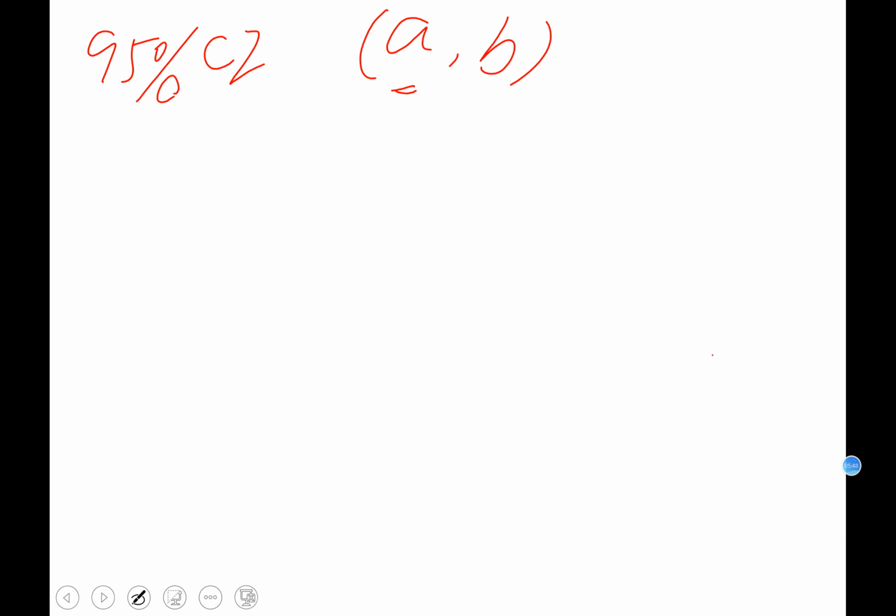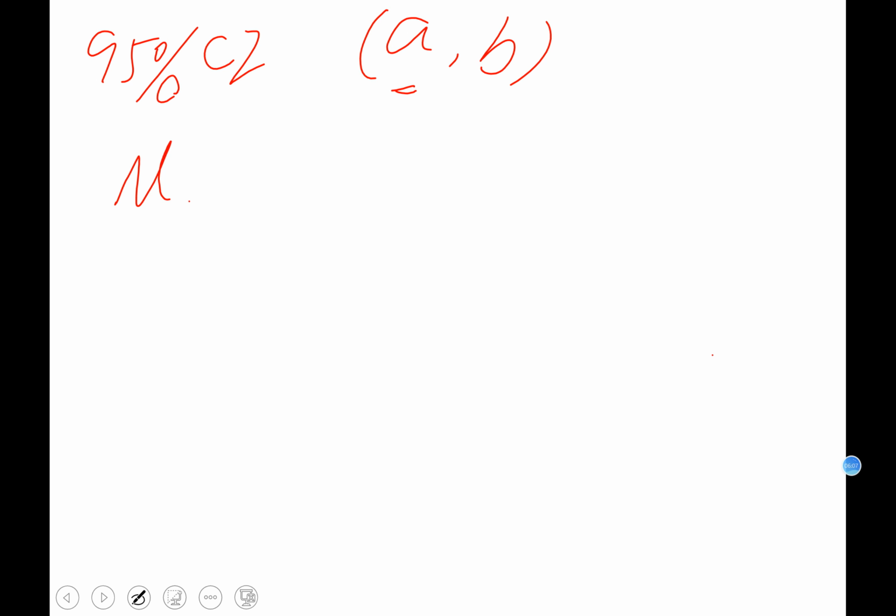And we said that the population mean, namely mu, has a probability of 95% to be located in this range.